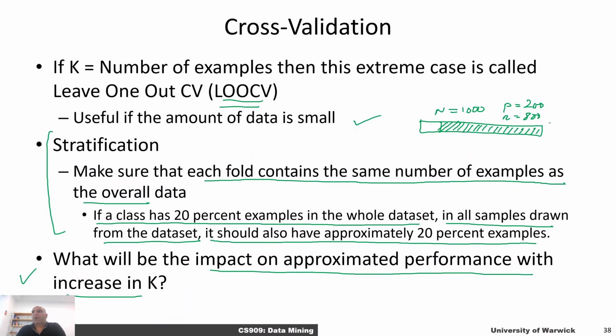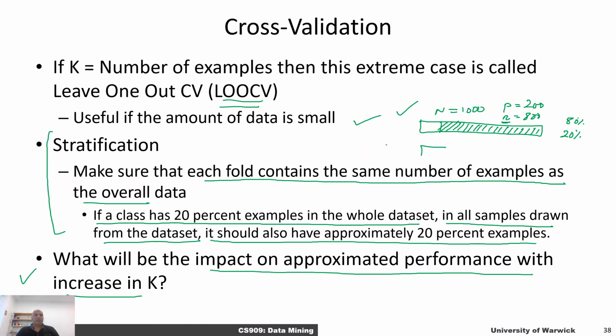In the example that we are taking, we have a total of 1,000 examples, out of which 200 are positive and 800 are negative. That means 80% of examples that I pick in a fold should belong to the negative class, and about 20% should belong to the positive class. If we ensure that, then essentially what we are doing is stratification.